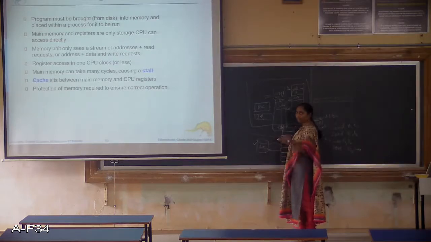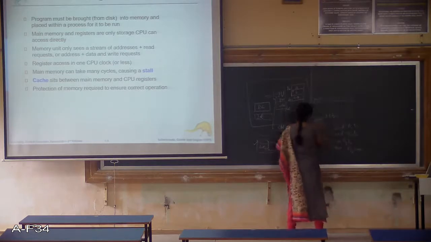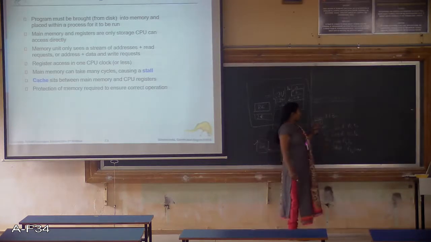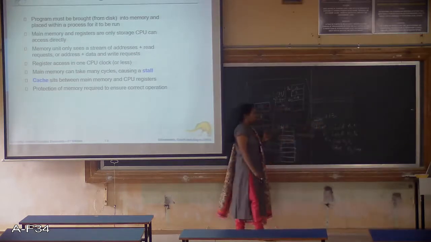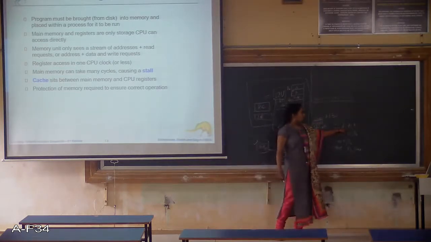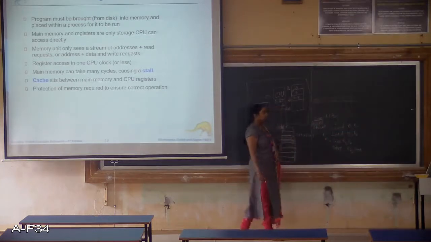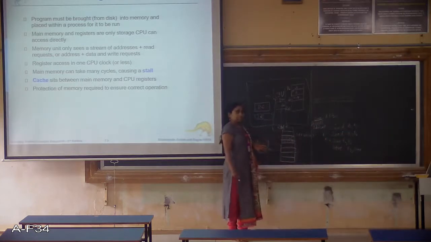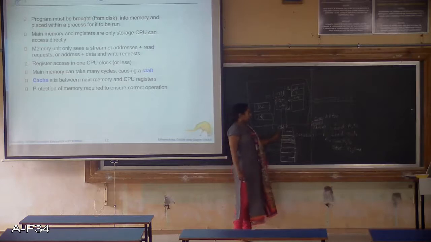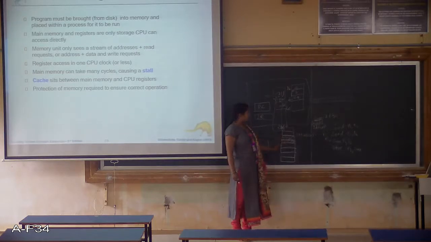Now I said that sum is an address, A is an address location, B is an address location where the value is stored, right? Now here you have an instruction, load A into R1. Now by mistake, supposing instead of A's address being part of this memory location, I am taking it as this location.